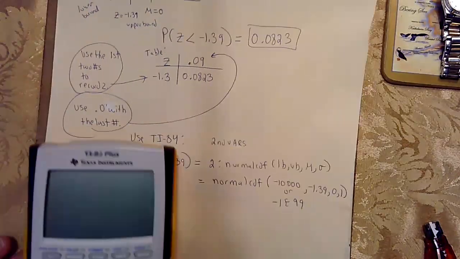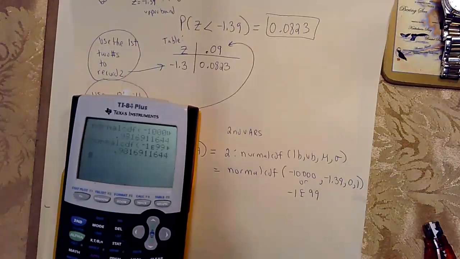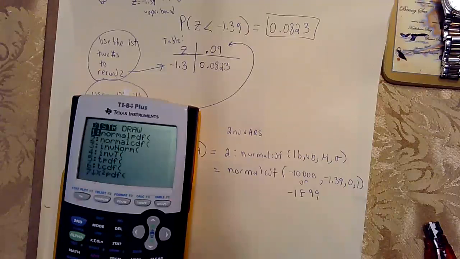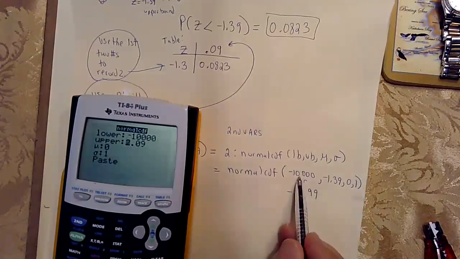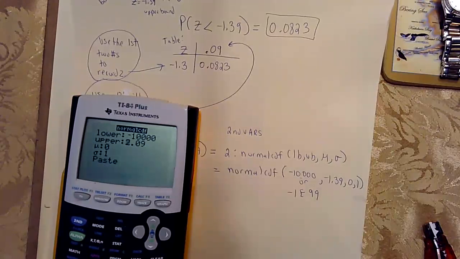So when we do that here, second vars, number 2, lower bound, I'm going to use negative 10,000. You can use either this or this. And then negative 1.39, and then 0 and 1.